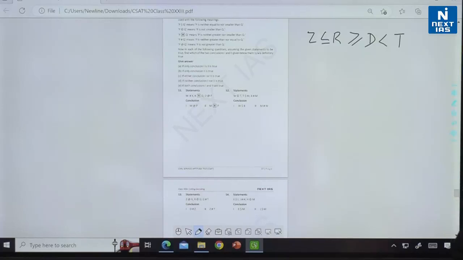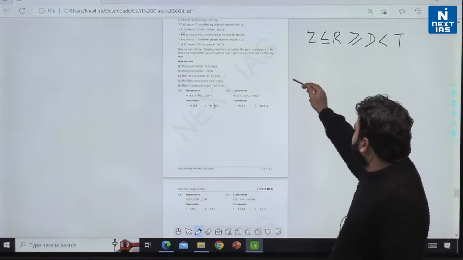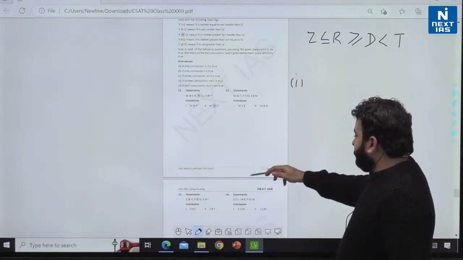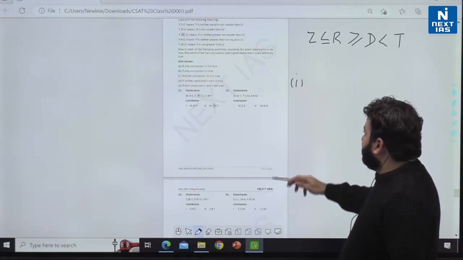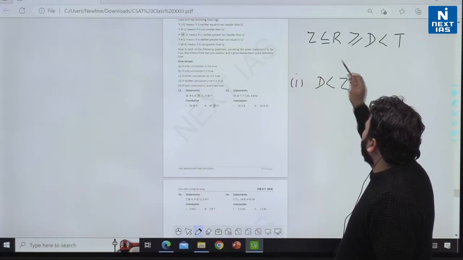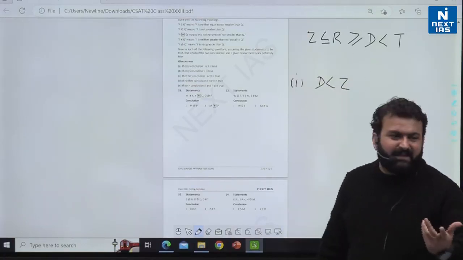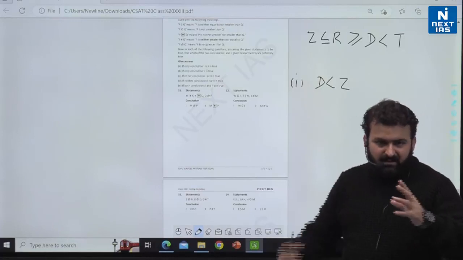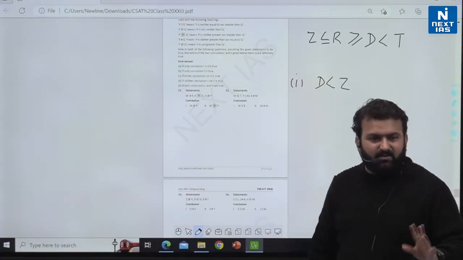And now in this case, conclusion first is D hashtag Z. D hashtag Z means D is less than Z. Now see, all of you, between Z and D can you conclude anything? No. Opposite direction symbols, no conclusion.